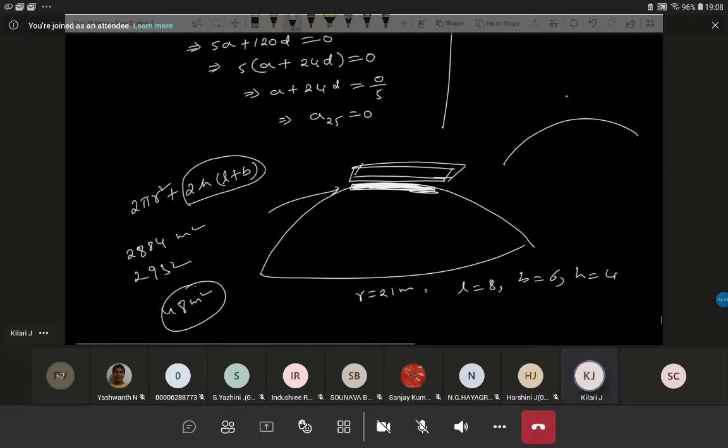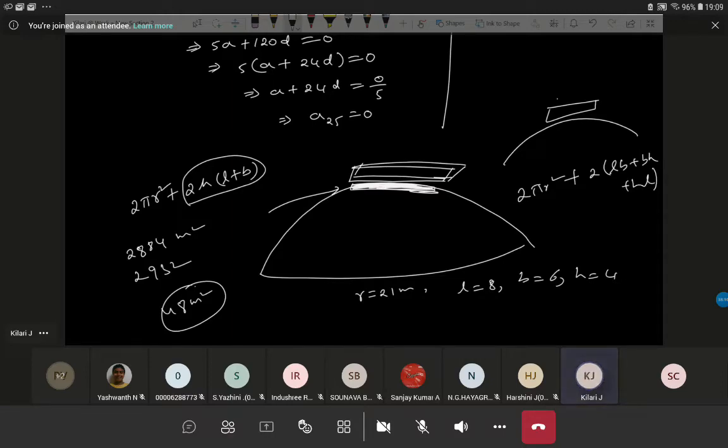If the dome is not covered by the total portion of the cuboid, then we have to add 2 pi r square completely, and we have to take the total surface area of the cuboid also. If it is not touching, then we will get more than the key value.